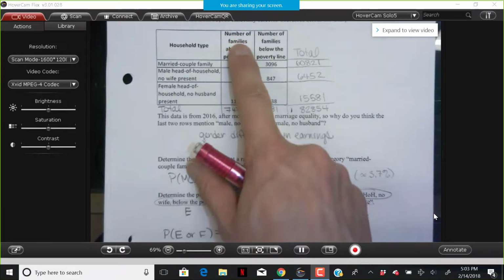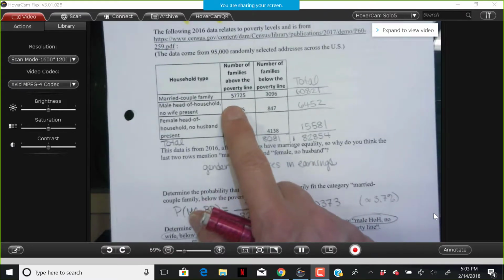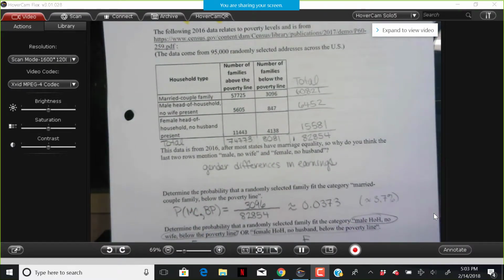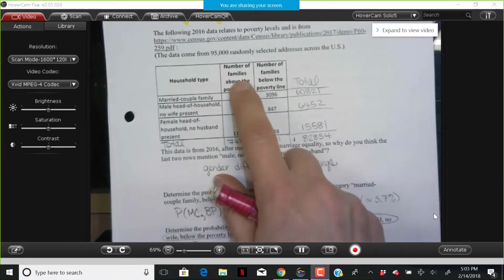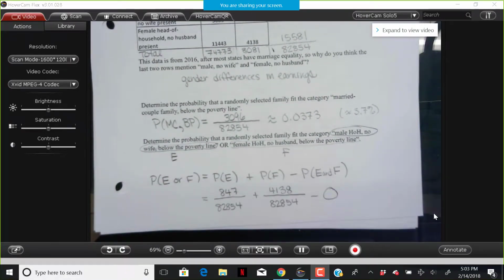So here they were looking at families, okay? Per address, you could have both things happen, like if it was a duplex or apartment or something. Right, but per family, you can't have a male head of household, no wife, and a female head of household, no husband, in the same family. Okay, so those two are mutually exclusive, so there would be 0 of those. I think on the next page we'll see why the subtraction part comes into play.